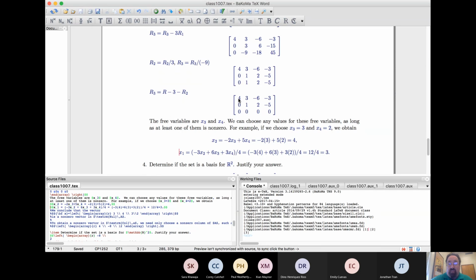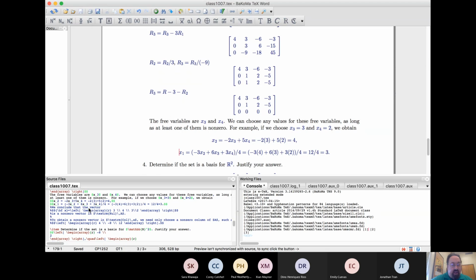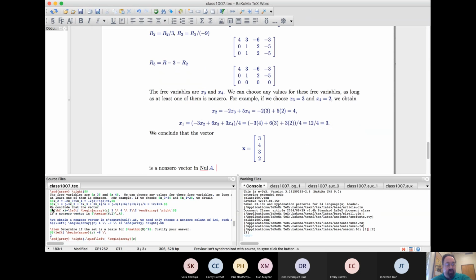And then divided by 4 because of this entry here. Then I substitute what I have for x2, x3, x4, put all that in here, and I get 3. So now I have a solution. This vector x consisting of all the values that I have, x1, x2, x3, x4, gives me a non-zero vector x that satisfies Ax equals 0, therefore it's in the null space of A.